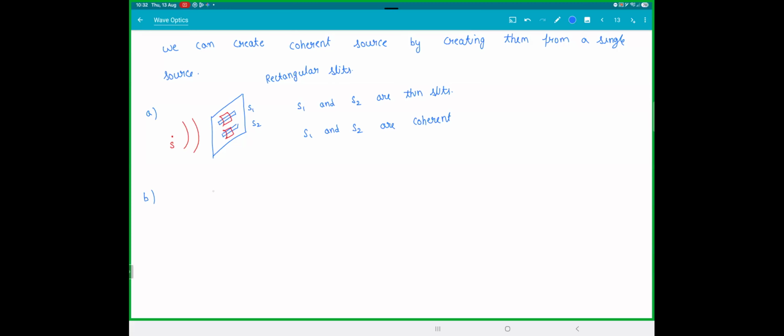Or you can even do this. If you take a lens, and say this is mu1 and this is mu2, and if you have an object here, we have done this in ray optics, this will create one image I1. This will create a second image I2. These are coherent.